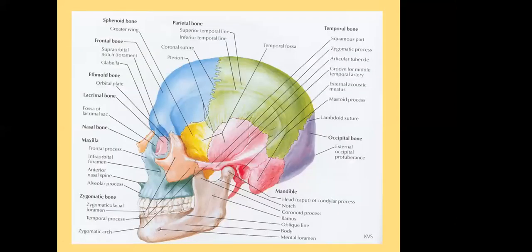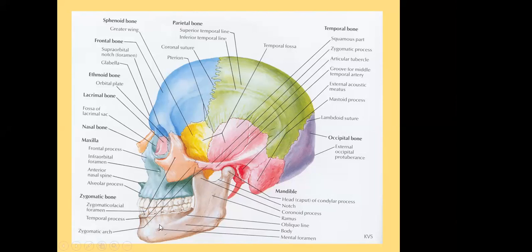And this is just a lateral view. Still the mandible, the maxilla, the zygomatic, the orbital, the nasal complex, the frontal, the parietal, and the temporal, the occipital.